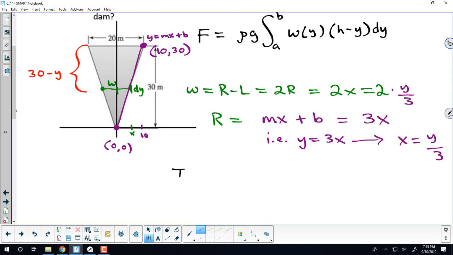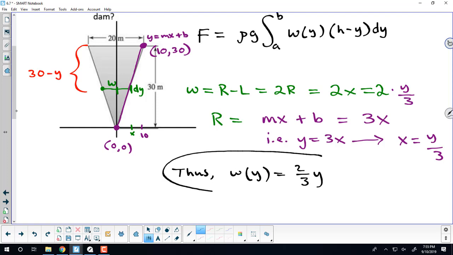That's it. So we have our width function, we have our height or length, whatever you want to think of that as, function. And those are the only 2 components that we needed here to integrate that, to find the force.